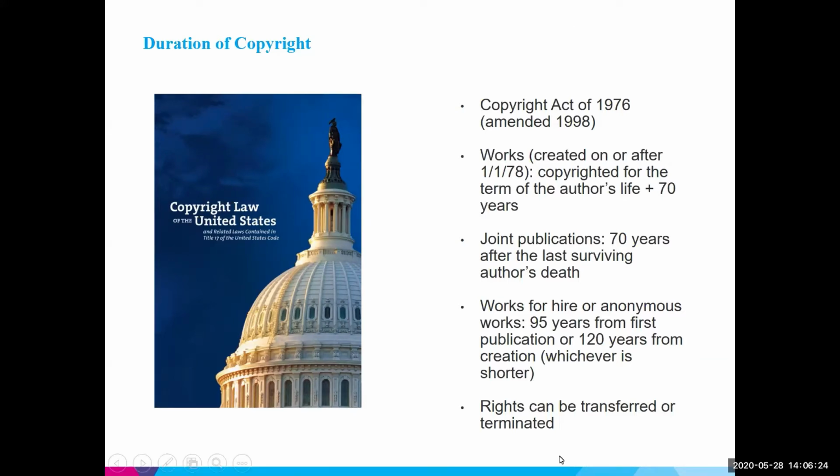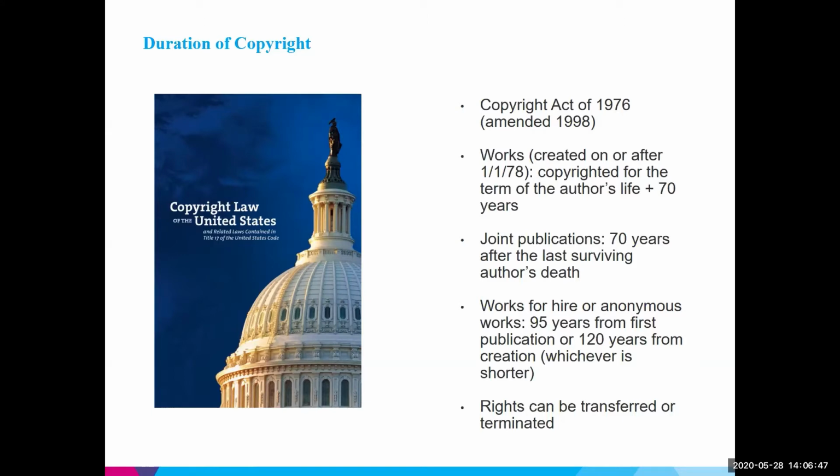With terminating rights, why would you want to terminate rights that have been assigned? So we're not talking about terminating your own copyright. We're talking about terminating rights that were assigned to someone else. You can only do that after a period of 35 to 40 years. And yes, it has to be within those 35 to 40 years.